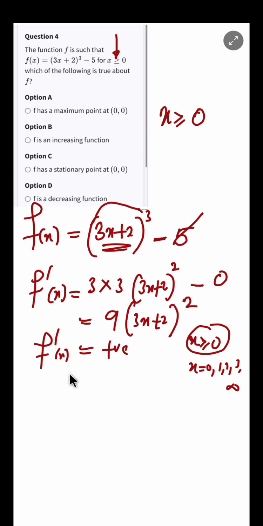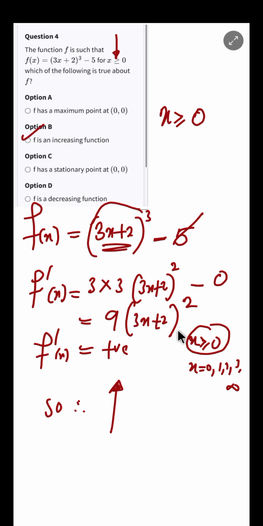Now, trivially speaking, I can conclude that the derivative is always positive for x greater than or equal to 0. So therefore, the function is what? Is increasing. So just go ahead and pick option B in this case.